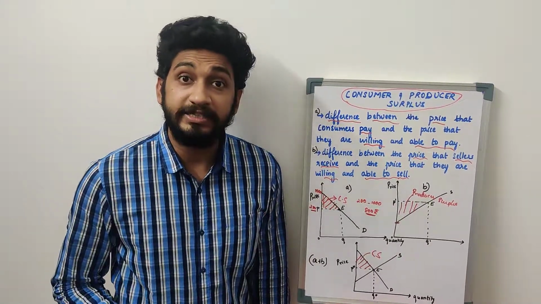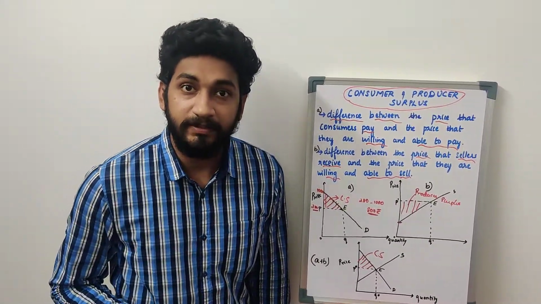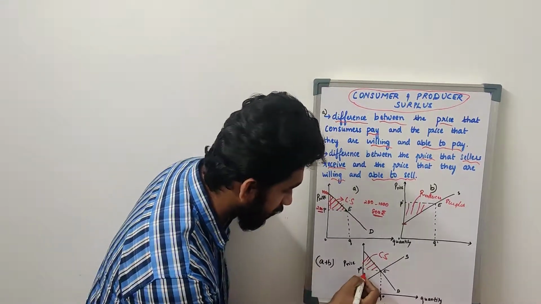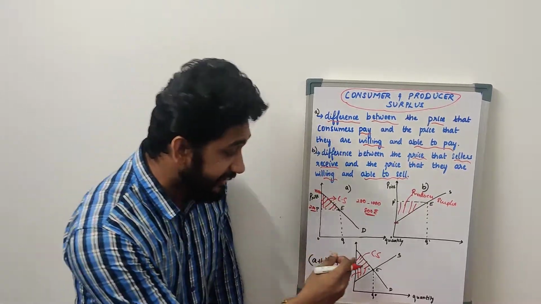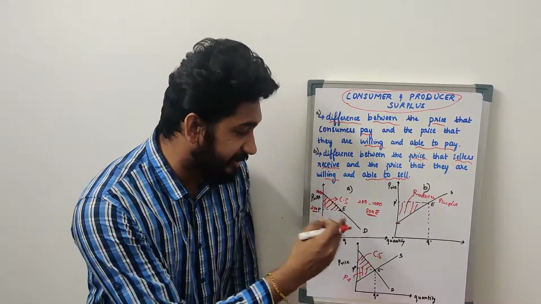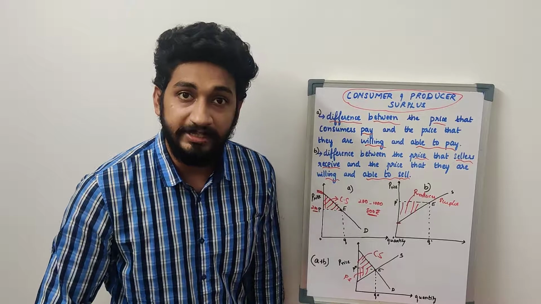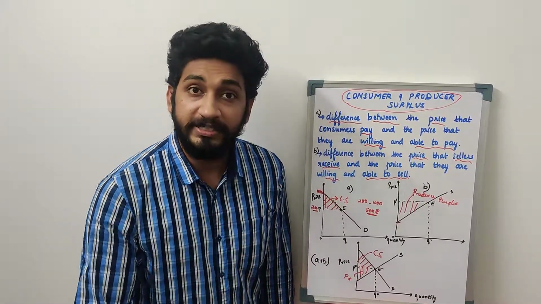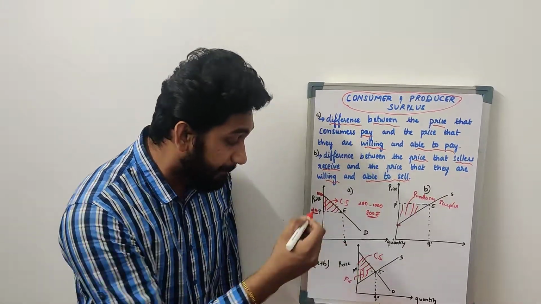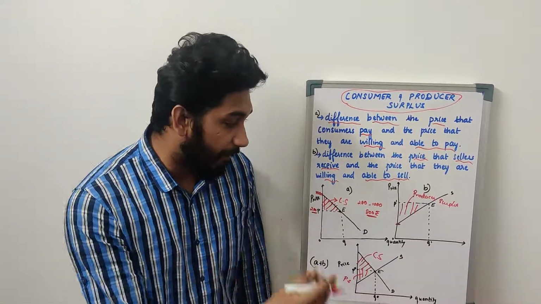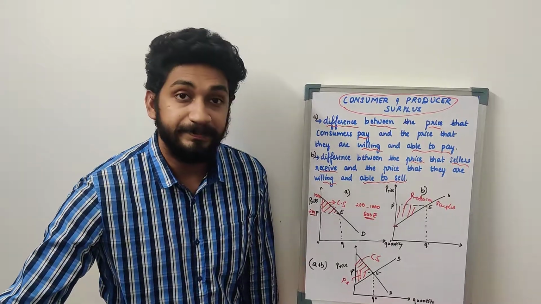Producer surplus is the area beneath the market price and above the supply curve. So this area becomes your producer surplus. You can see that there's an equal share between consumer surplus and producer surplus. The area under the demand curve representing consumer surplus is denoted here. The producer surplus beneath the market price and above the supply curve is denoted here.